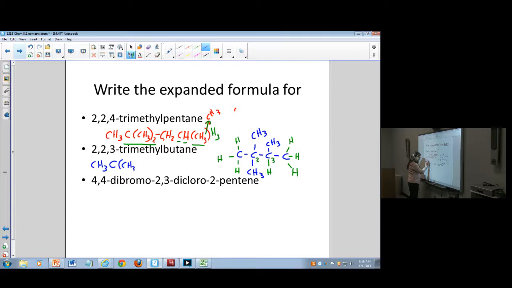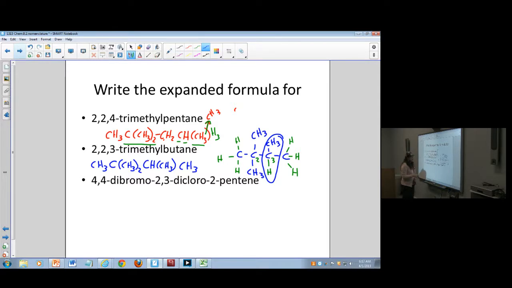That indicates 2 methyl groups bonded to that carbon 2. Then CH, CH3, that's our carbon 3 with a hydrogen and a CH3 methyl group on it, and then CH3. So you should be able to take a name and write it and then tell me what its formula is in terms of its condensed formula.